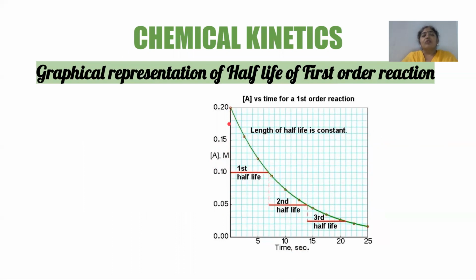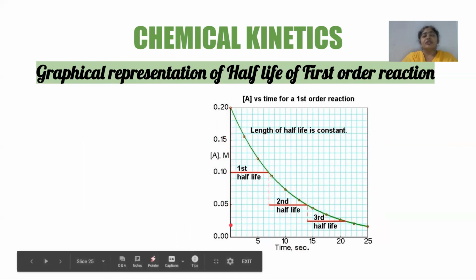So here the original concentration of the reactant is 0.20 moles. Okay. So now for it to become half the original value, that means the value of the concentration of reactant should become 0.10. So to come from 0.20 to 0.10, what is the time required? So at 0.20, the time was 0 seconds. That was the initial time. Okay, initial concentration. So before the reaction began, therefore time is 0 seconds.